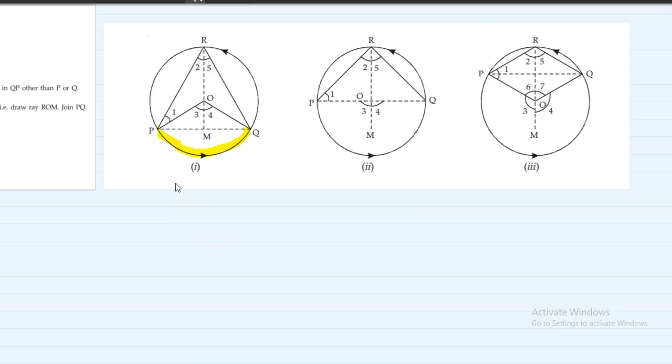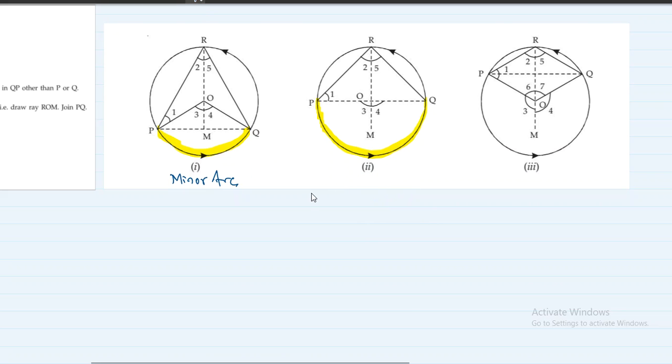It is essentially a minor arc. In the second figure, arc PQ is over here. You see this? I'm sorry, this is not a major arc.